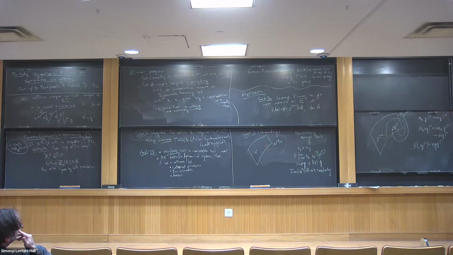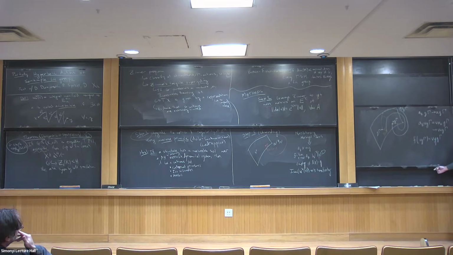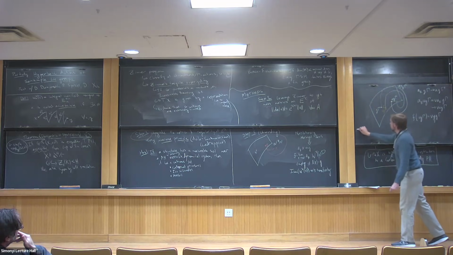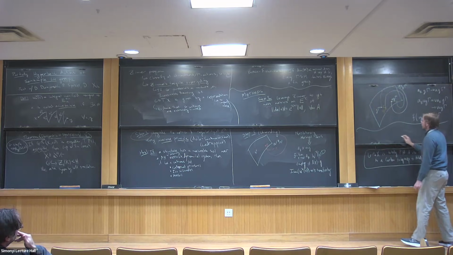So what do I have to do? I have to turn this right translation into left translation. And how do you turn right translation into left translation? You look at invariant vector fields. So what's the trick to produce the parameterized group actions?